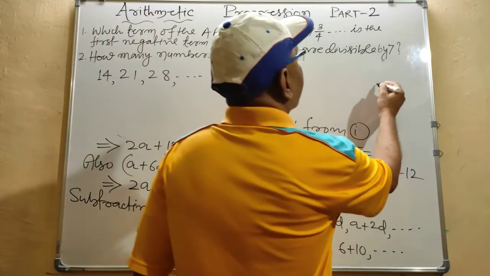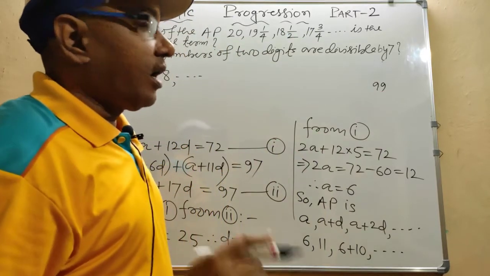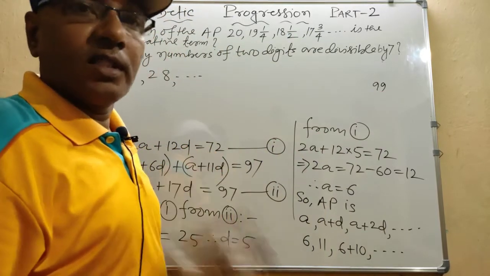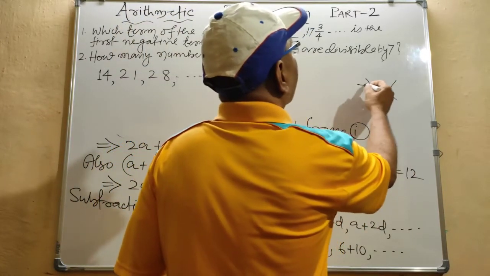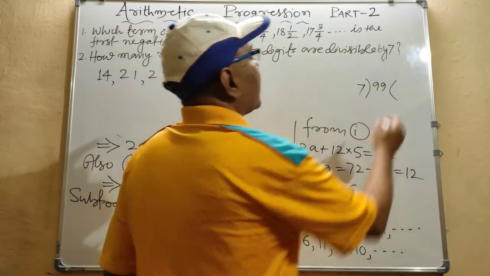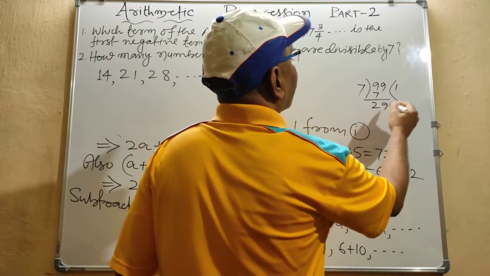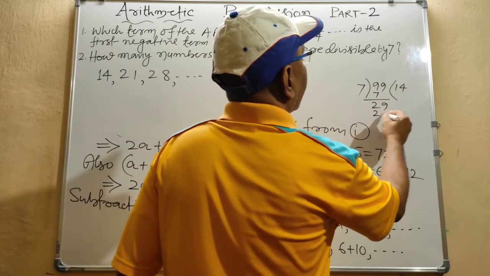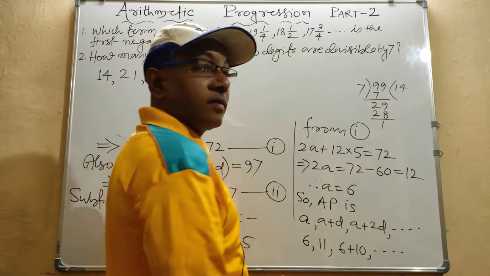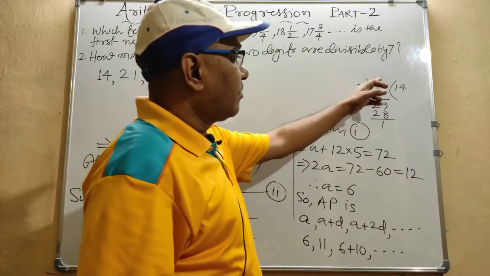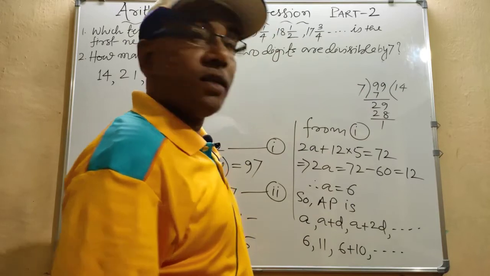The last 2-digit number is 99, but we want the last 2-digit number which is divisible by 7. So let us divide 99 by 7. 7 ones are 7, 2 9, 7 fours are 28. So the remainder is coming 1. Last 2-digit number 99 divided by 7, the remainder is coming 1.